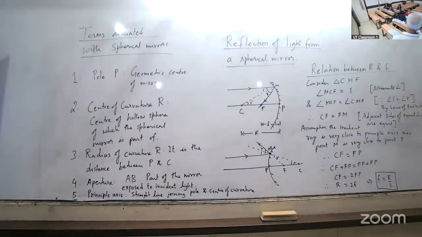M should join C, P should join C. So the normals are CM and CP. Understood? The radius is always the normal on a spherical surface. Now we will draw various ray diagrams for image formation for various object positions. First we will draw for the concave mirror, okay?